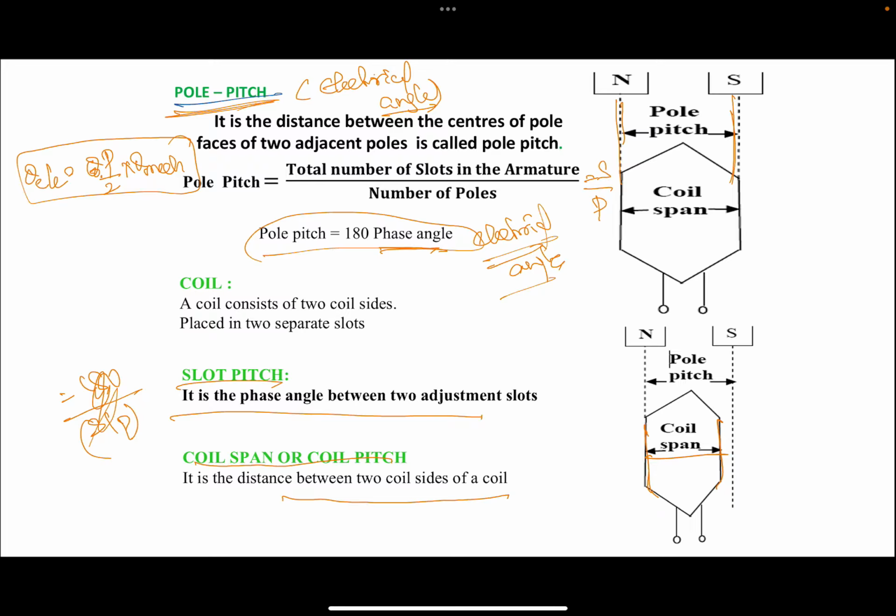I hope we discussed coil span. Another one is slot pitch and slot angle. Next, we'll write one more term called slot angle. Slot angle means how much area each slot covers. One person may be 40 kg weight, one person may be 100 kg weight.